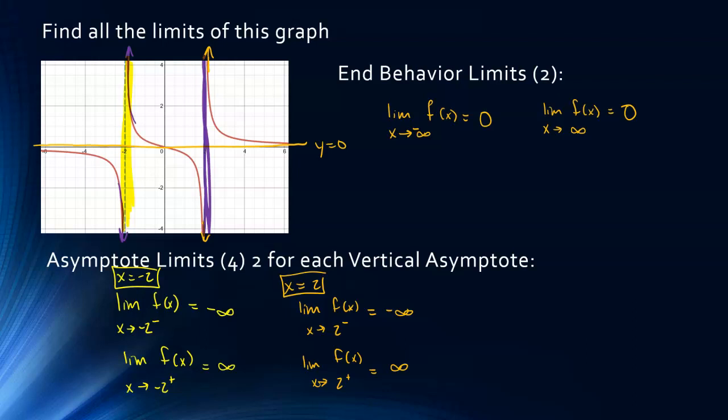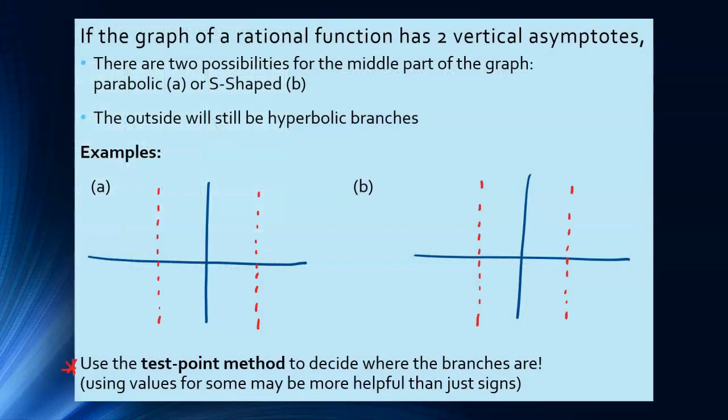Now when we have more than one vertical asymptote, there are some different possible outcomes we could have for those limits. Let's look at this next image here. One possible outcome is that inside we could have something that's parabolic in nature, not necessarily a parabola, but parabolic in nature.